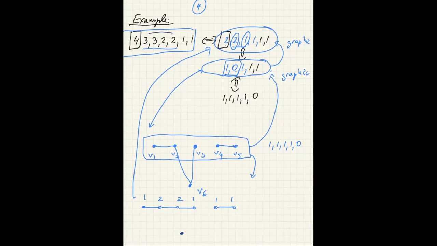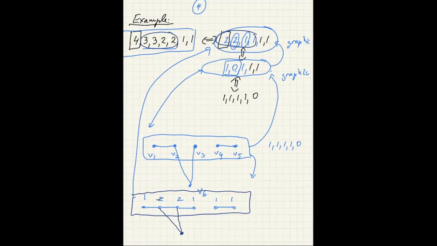We want it to be adjacent to these 4 vertices, which correspond to vertices of degree 2, 2, 1, 1 in this graph that we have here. Again, the solution is not going to be unique. You can have many choices here. So I need this vertex to be adjacent to the 2 vertices of degree 2. That could be here and here.